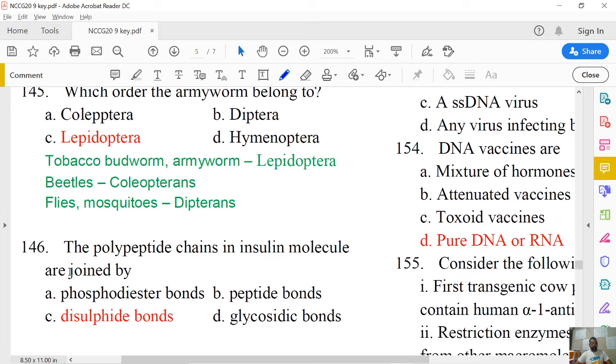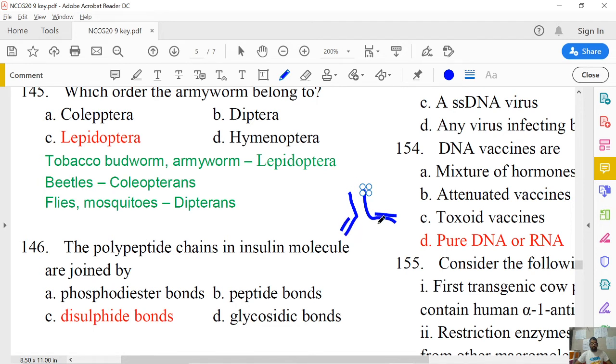The polypeptide chains in insulin molecule are joined by. See, when you take, for example, antibody structure, we have seen the same thing. This is how the antibody will be. These are all the heavy chains and these are the light chains.